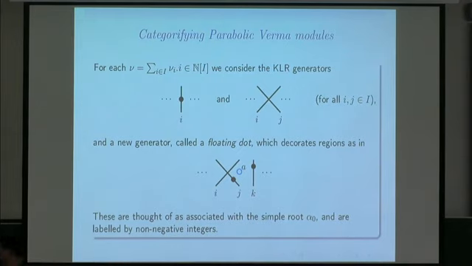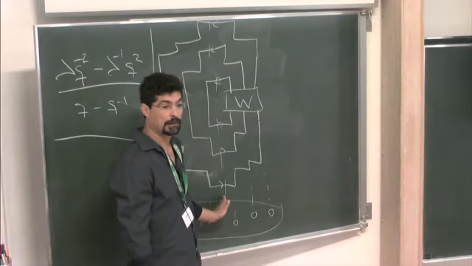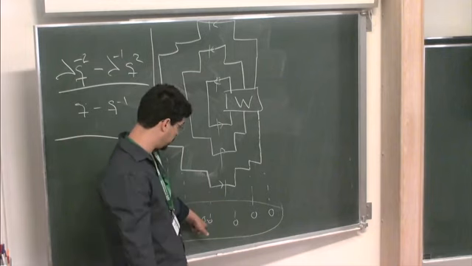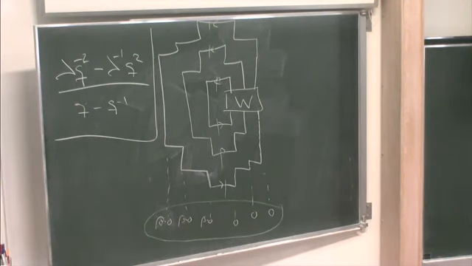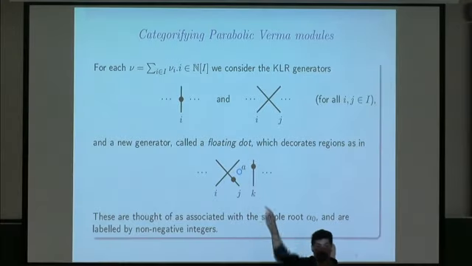Alpha 0 is the simple root that corresponds to this line in the middle, where you stop having betas and you have only integers. Moreover, they can also be labeled by non-negative integers. So actually, we can go without this extra amount of information, but as it turns out, formulas that are complicated and things that are hard to prove are easily done by enlarging this set of generators.